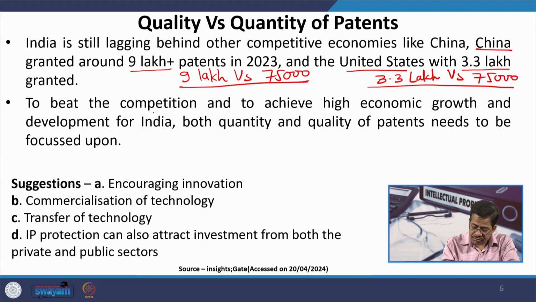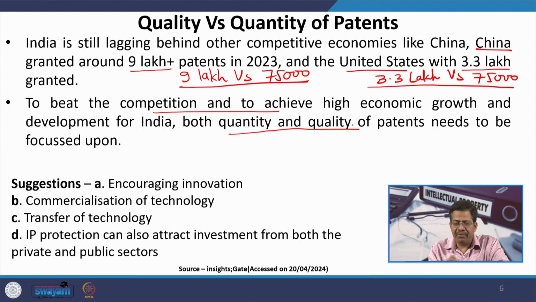And as we have written here, for a country which is one of the largest economies in the world, right now the 5th largest, and very soon we will be the 3rd largest, it is important that the quantity and quality of our IP are equally focused upon.